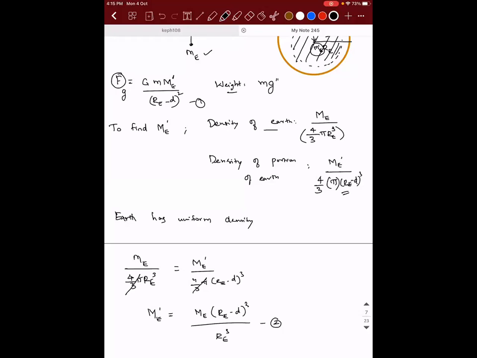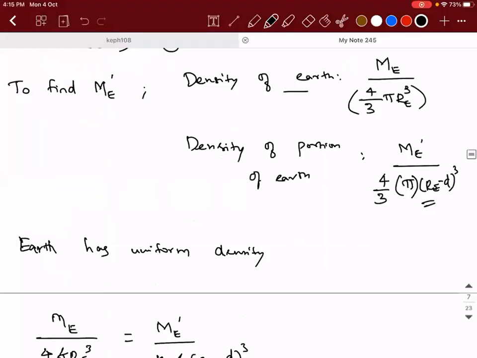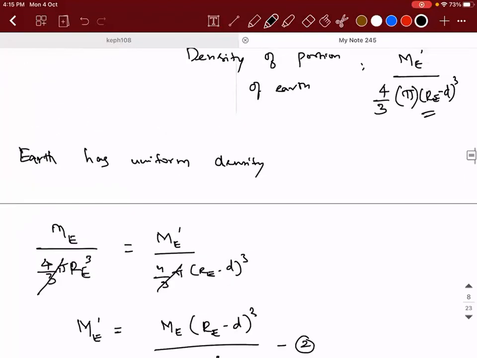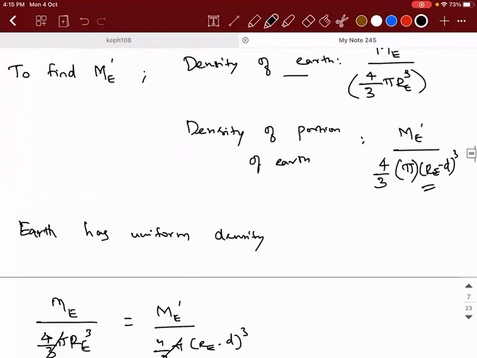Now what I will do, I will take this 2 and substitute it in 1. So substituting 2 in 1, what is going to happen?